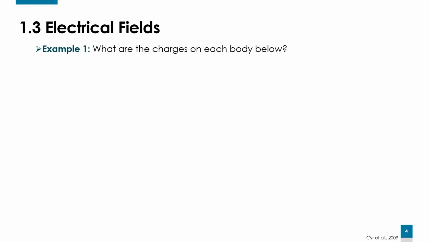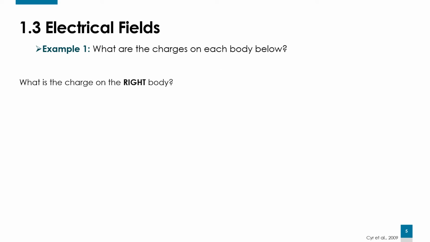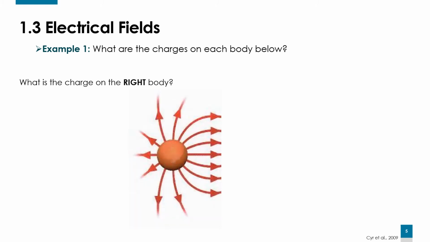What are the charges on each body below? Here I have an electrical field and I don't know the charges yet. How do I figure it out in this scheme? The easiest way is to look at each side separately. Let's take the right body only. What's happening to the electric field here? Does it point toward or away?